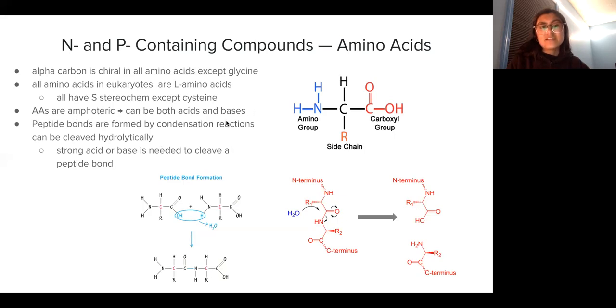Amino acids are amphoteric, so they can act as both acids and bases. The peptide bonds formed for making peptides are formed by condensation reactions that can be cleaved hydrolytically, and I've roughly shown it in these two images here. Here's the formation of the bond, here's the cleaving of the bond. You can take a closer look, but what's most important to know is that water is involved in this bond formation.